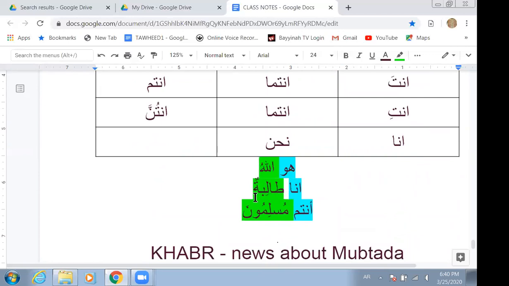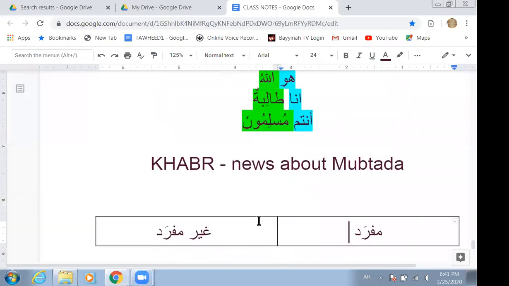Ana talibatun, I am a student. Ana is the pronoun and the mubtada, and the khabar is talibatun, in the rafa status. Third example is antum muslimuna. Antum is the mubtada as a pronoun, or we can say the mubtada muzmar, and muslimuna is the khabar for it. So this was quite simple.